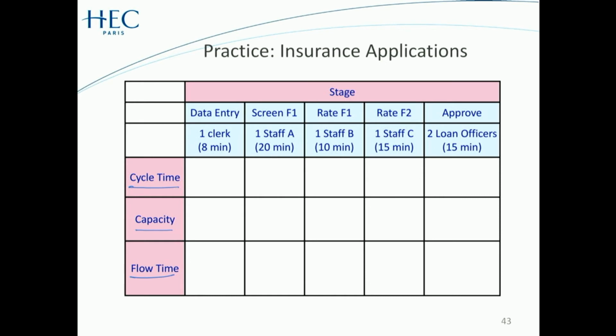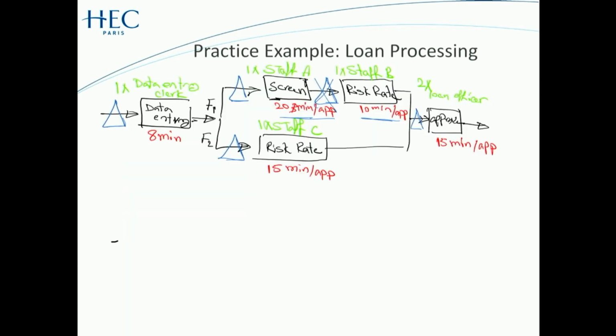So remember, here what we have is every 8 minutes, if we have ample demand, demand that is not choking our process, theoretically we are going to have one application that goes out of the data entry process.